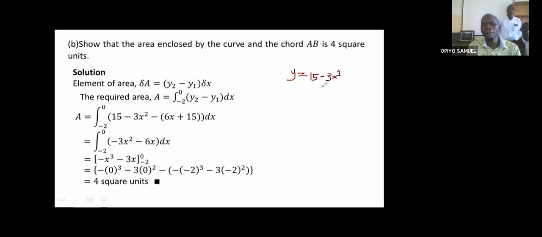So for this, we can get the intercept. A simple way to sketch this curve is to remember the graph of y equals x squared plus c.